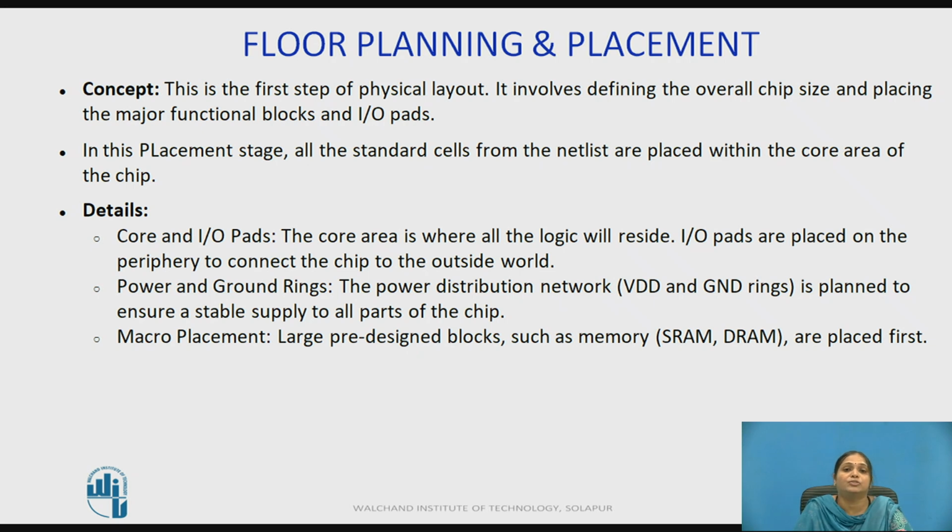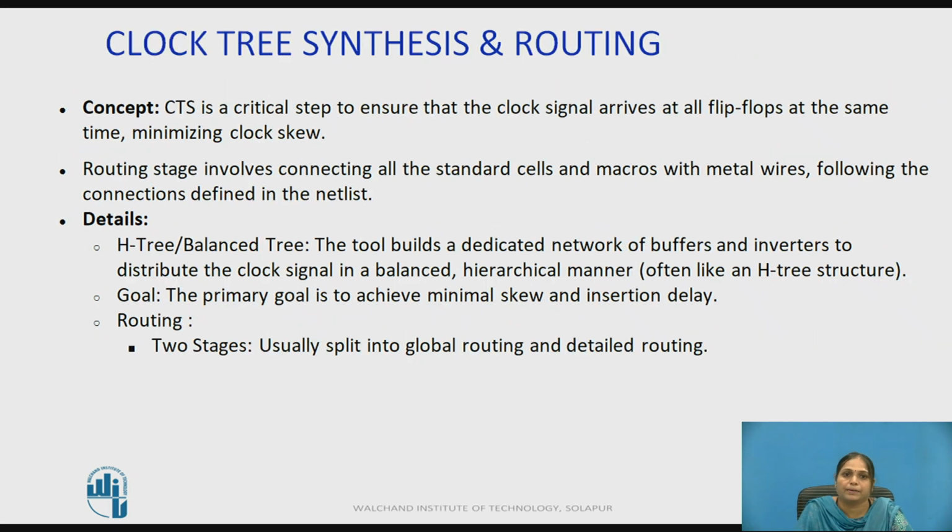The core area is where all the logic will reside. Input output pads are placed on the periphery to connect the chip to the outside world. The power distribution network, VDD and ground rings, is planned to ensure a stable supply to all the parts of the chip. Macro placement: large pre-designed blocks such as memory, SRAM or DRAM, are placed first.